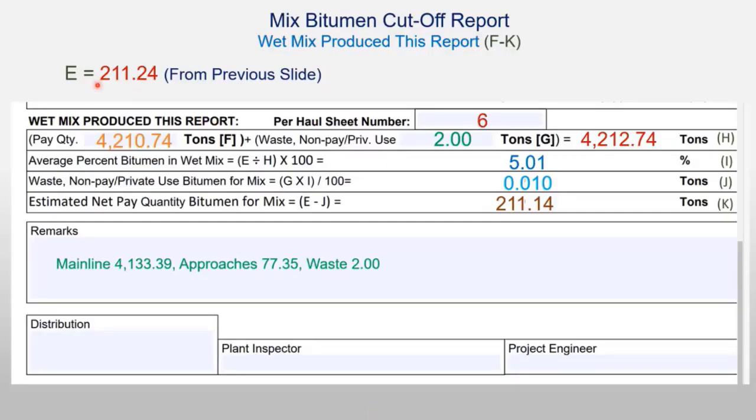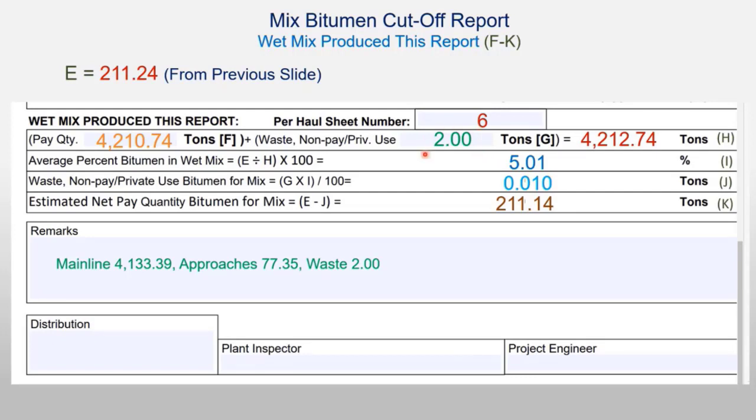Now we go to the last portion here. We know from the tickets that in this case 4,210.74 tons of actual mix was produced that day. Then we confer with the asphalt paving inspector to find out how many tons of waste there was on the road.